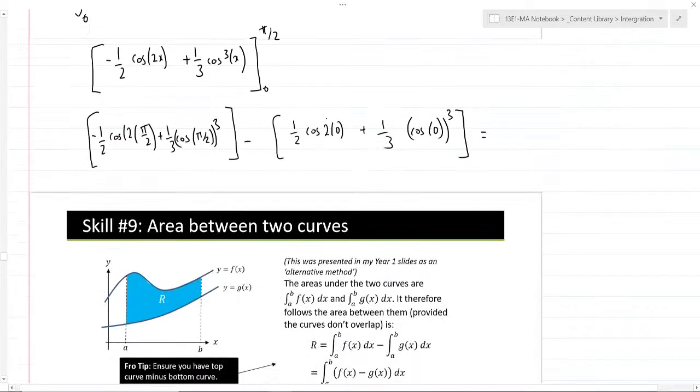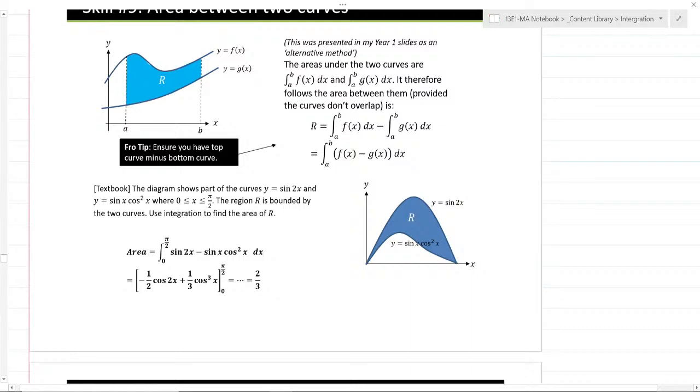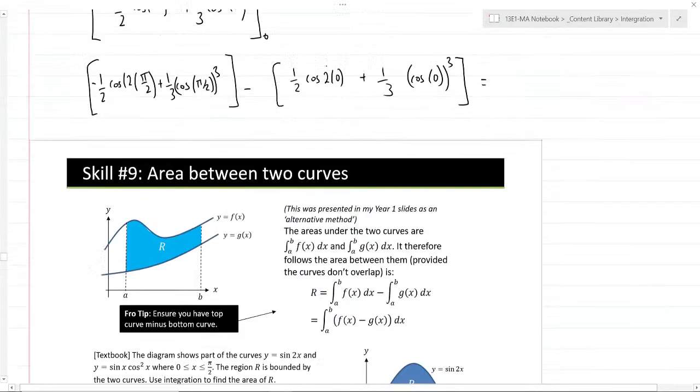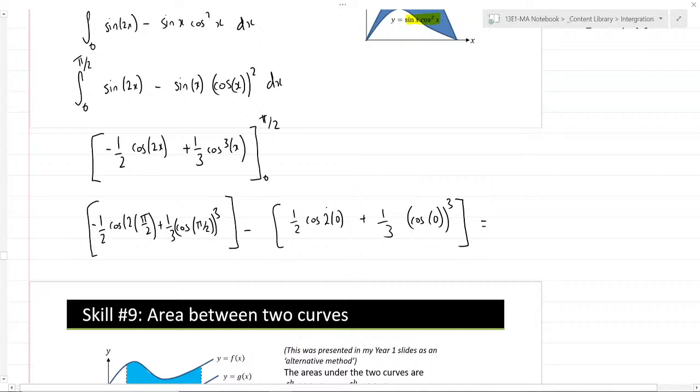Let's check on her. 2 over 3 they've got. That should be a minus there. Did you forget that minus? They've got 2 over 3. 2 over 3, yeah.